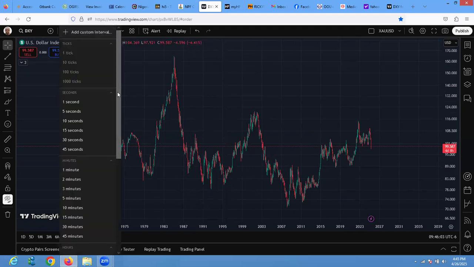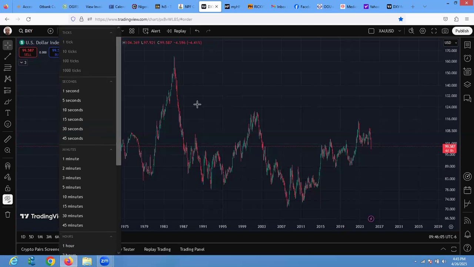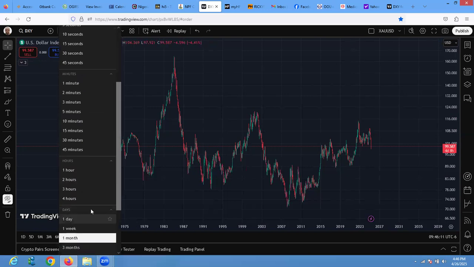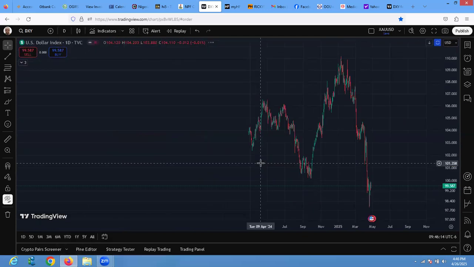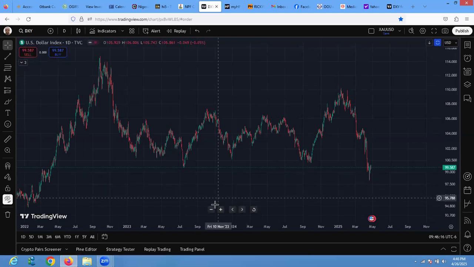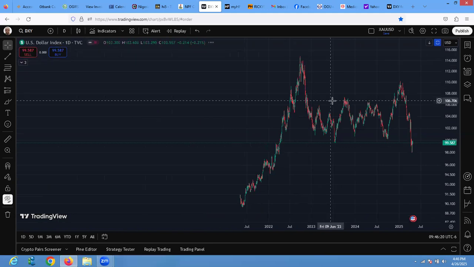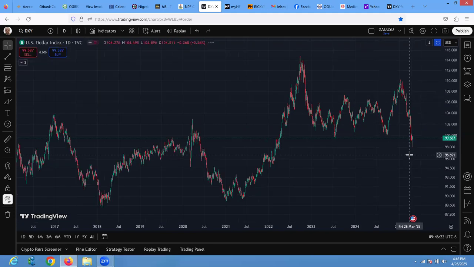Now let's go to the current scenario, which is around this area, and what to expect. What to expect here, at least, is a minimum of a 100% extension to the downside.